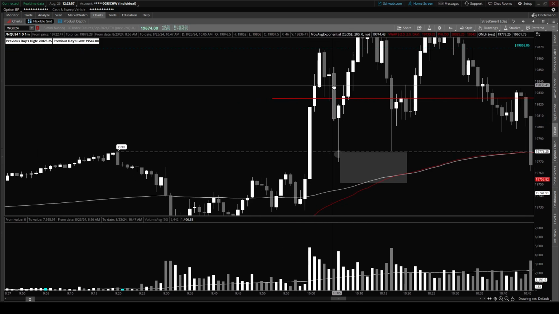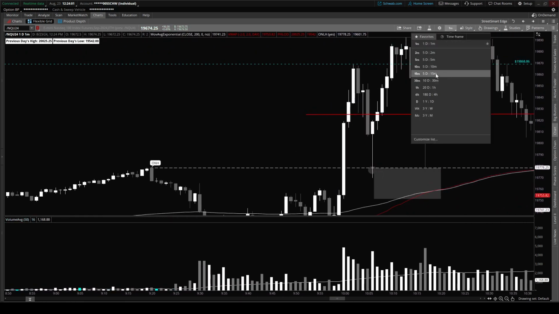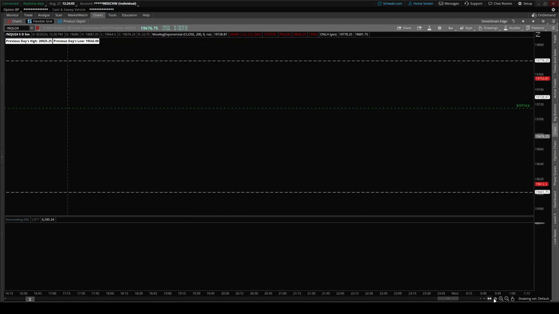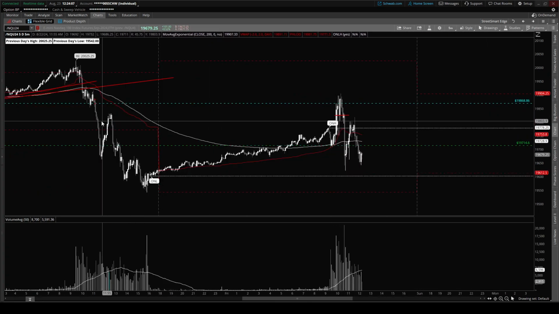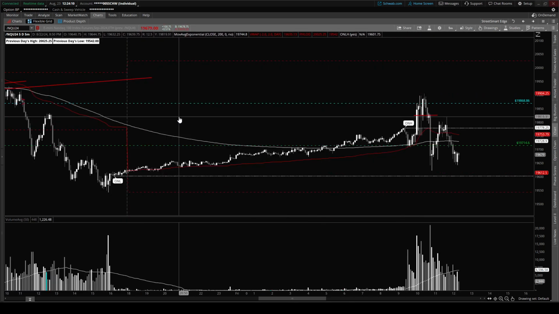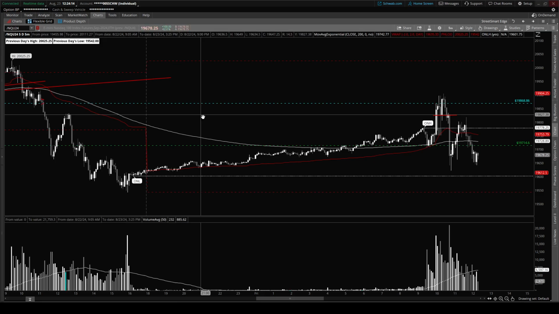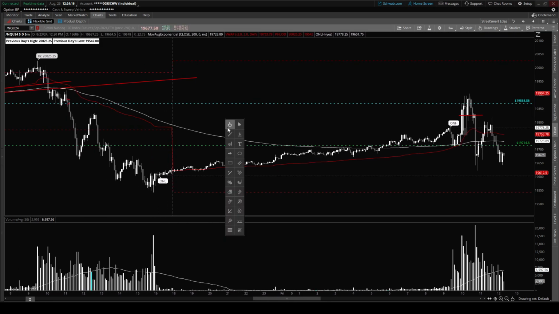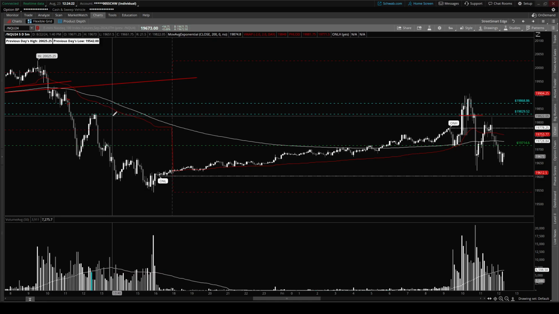Can you potentially trim throughout the setup? I'd say yes, but it probably wouldn't be under a 1 minute structure. So if you take a look at this here, it had a backtest there. So for me, my first actual trim level would probably be right around 19,829.